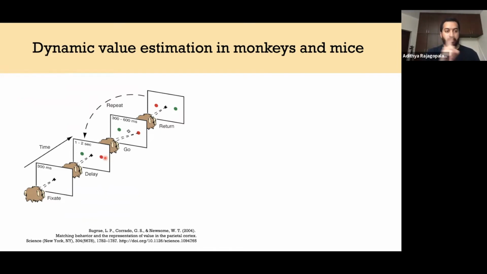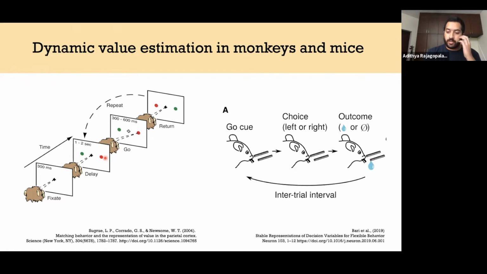The animal had to saccade or move a joystick to indicate its choice. And upon making a choice, it was rewarded with the probabilities that were associated with the two options. Similarly, in a mouse task, the mouse had to choose between a left and right lick port, each with different probabilities of producing water. And these were water-deprived mice, so they were motivated to perform this task.